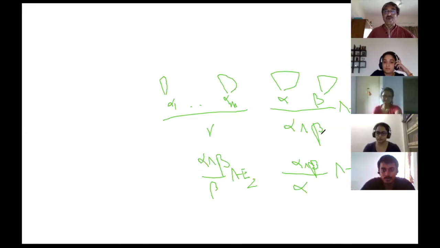So if I want to have a proof of alpha and beta, you have a tree whose root node is alpha and beta, 2 subtrees, 1 for a proof of alpha, 1 for a proof of beta. On the other hand, if for whatever reason you are given alpha and beta, you can always knock off one of them and use the component formulas. So this is the idea for conjunction.